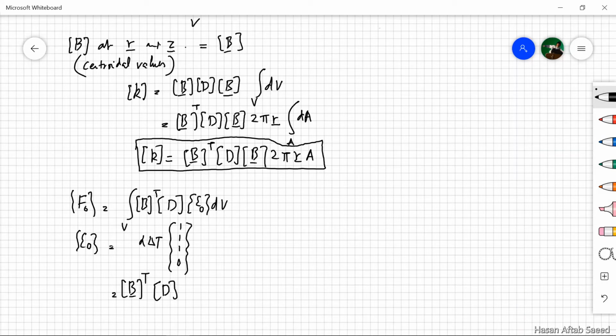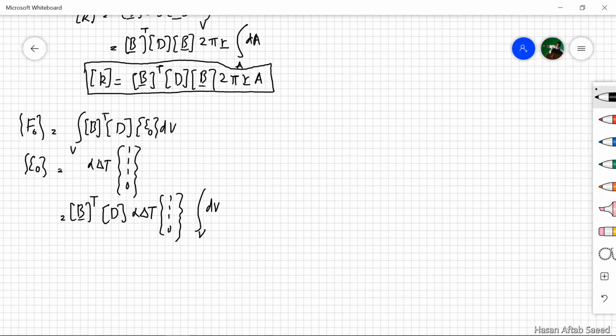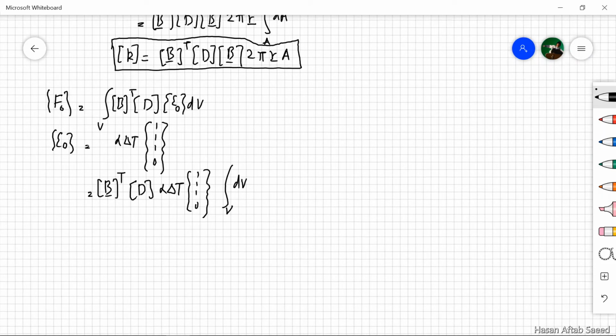out. D is already constants. Alpha delta T, these are also constants, and this again becomes a volume integral. And again, using the same approach as we did last time, we can replace this by this expression.